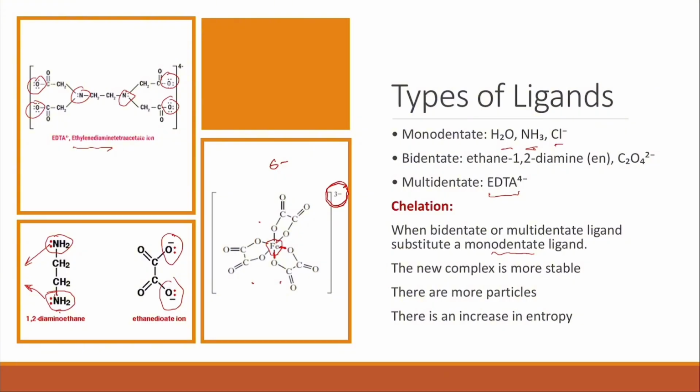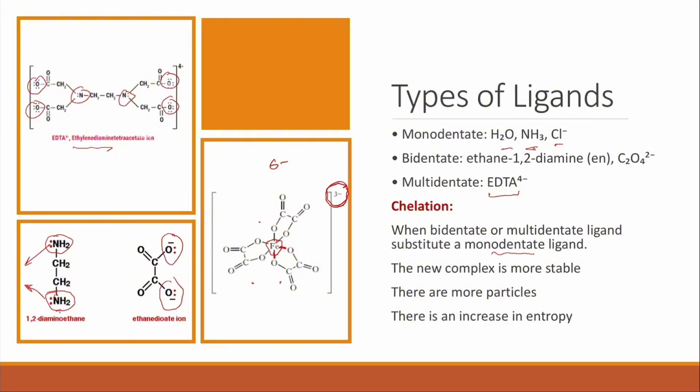Why would it be more stable? It will be more stable because there will be more particles produced at the end, because you are replacing six ligands with either three in case of bidentate or with only one in case of the multidentate, especially if it can make up to six different dative covalent bonds like EDTA.